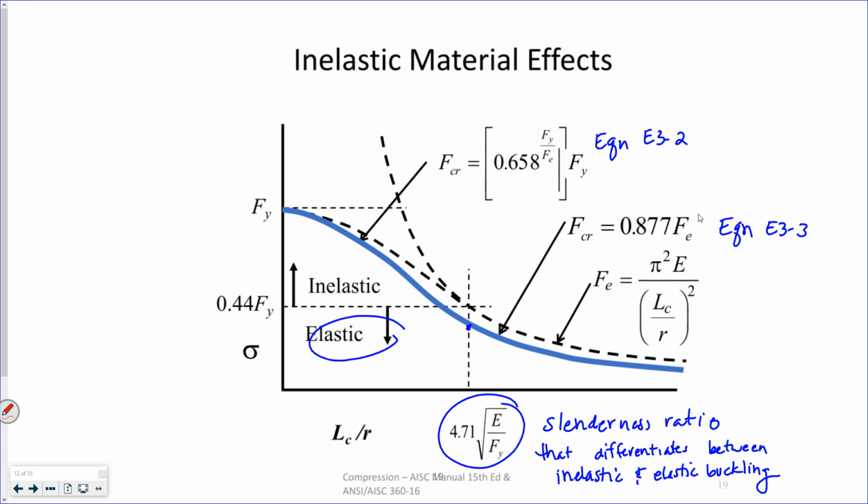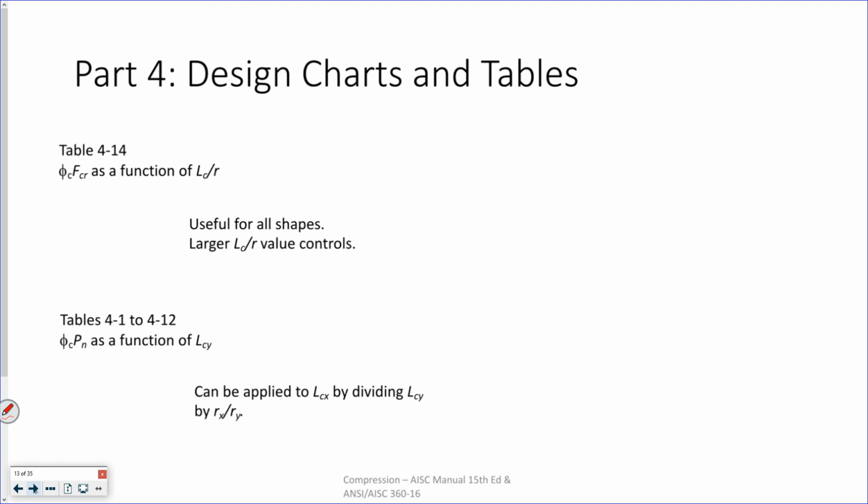We're going to focus on just this one section. But I want you to know that there are other limit states. We're just going to focus on flexural buckling of doubly symmetric sections with non-slender elements. So that's the spec. That's what we're going to look at in the spec.